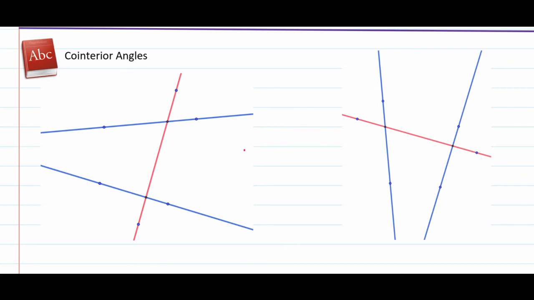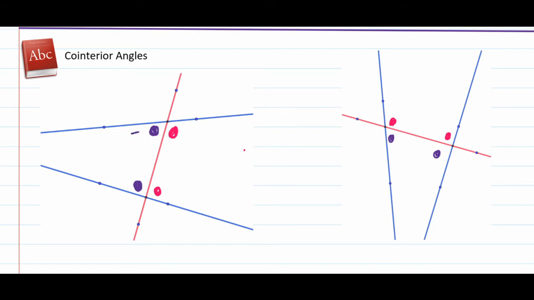The next pair that we're interested in are called cointerior angles. Here is a pair of cointerior angles. Here is another pair of cointerior angles. And here is another pair of cointerior angles. And another pair of cointerior angles.